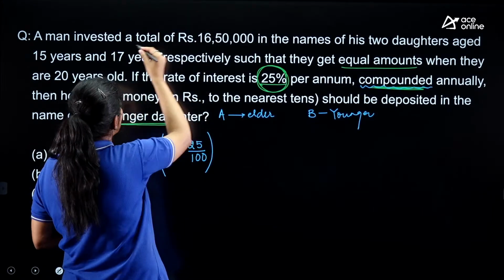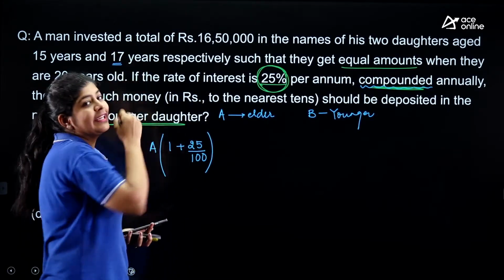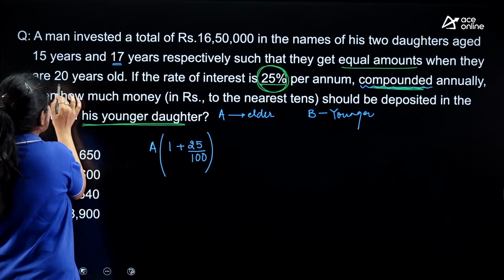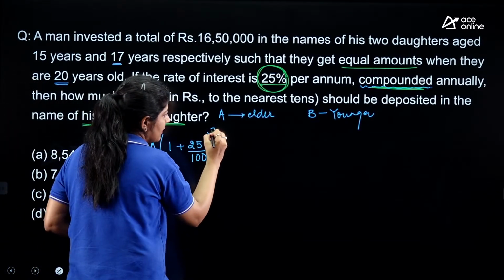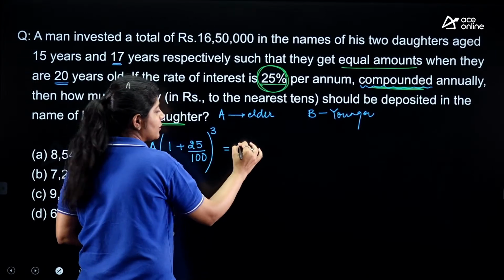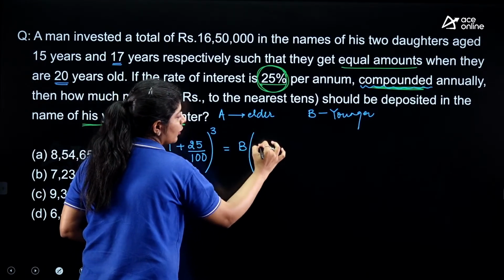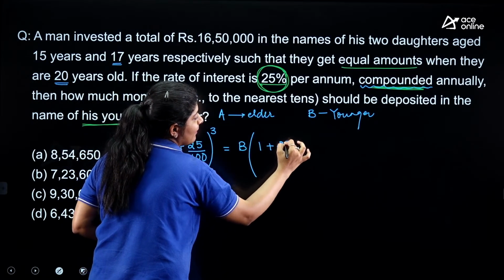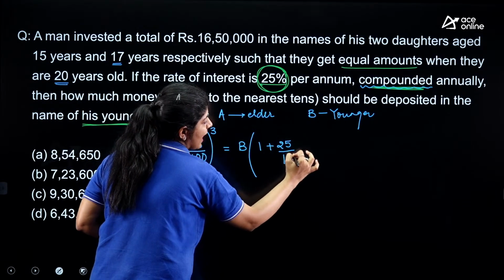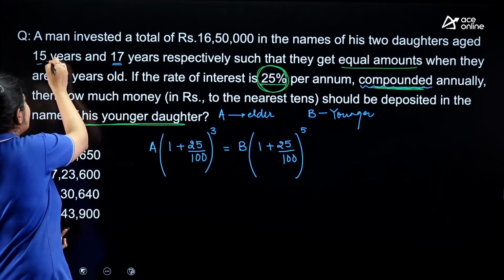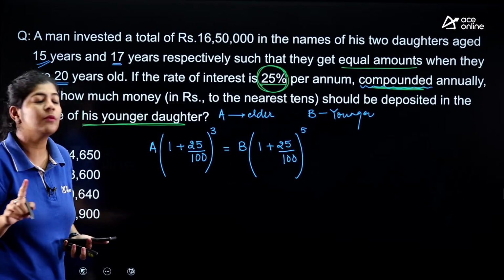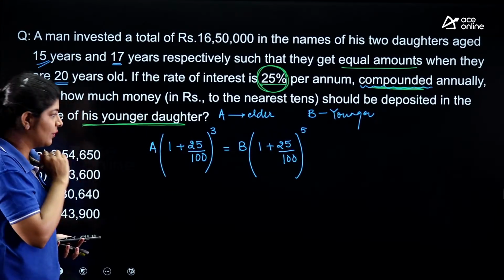As A is the elder one and she is 17 years old and she will get the amount when she is 20 years old, that means 3 more years. And this equals the amount the younger daughter got with the same rate of interest after 5 years, because currently she is 15 years old and she will get the amount when she is 20 years old, right?